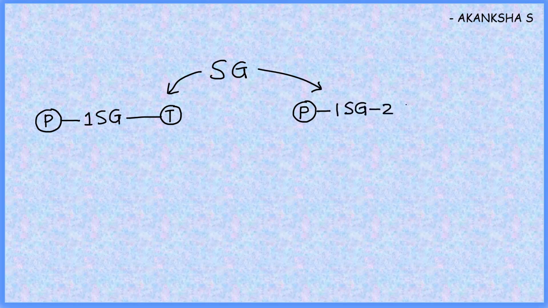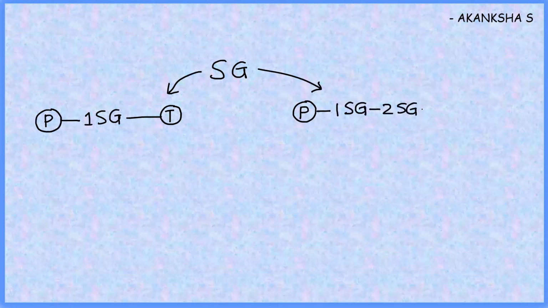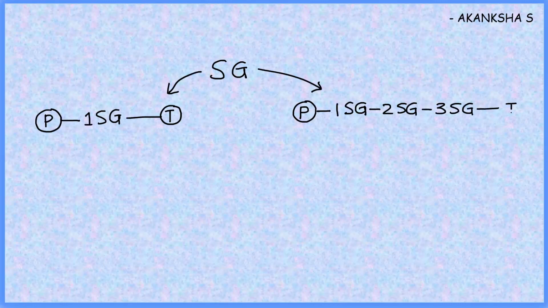Let's say there is one promoter, there is one structural gene, and there is one terminator. Another scenario could be there is one promoter, there are multiple structural genes, and there is one common terminator.